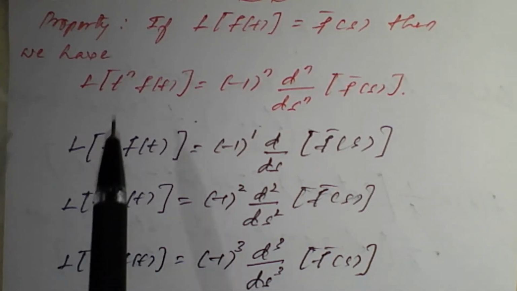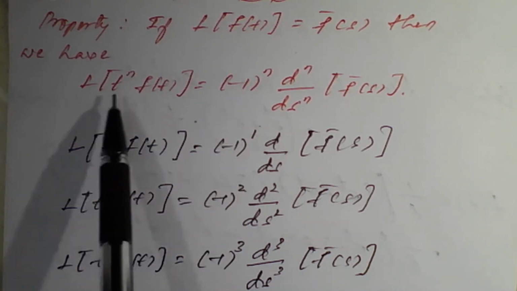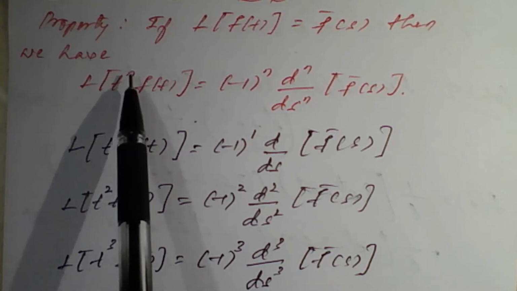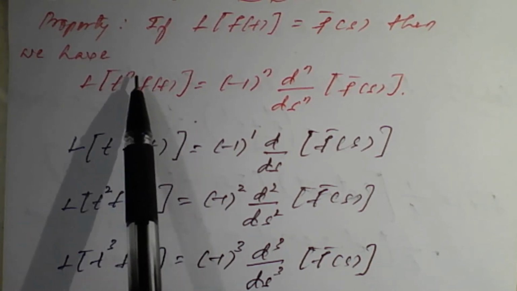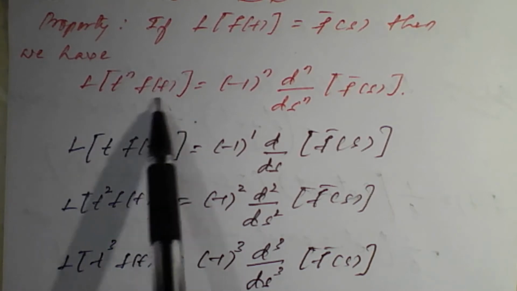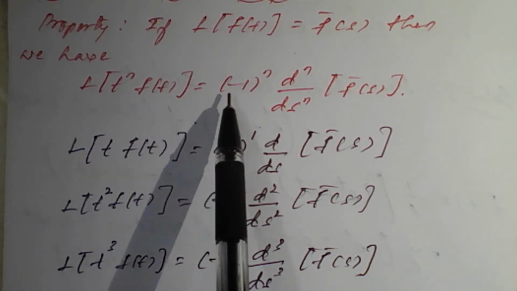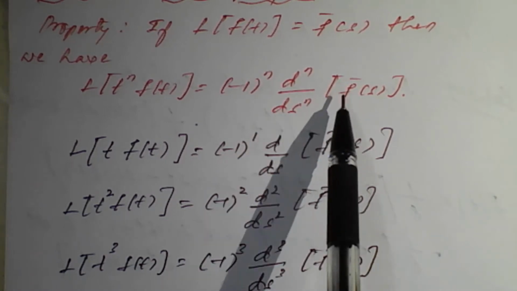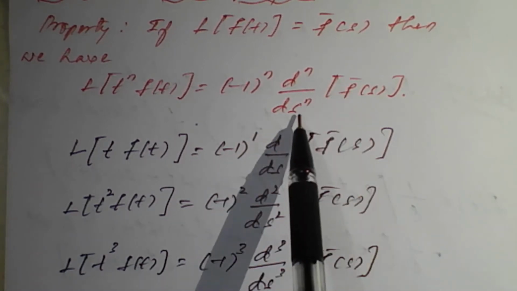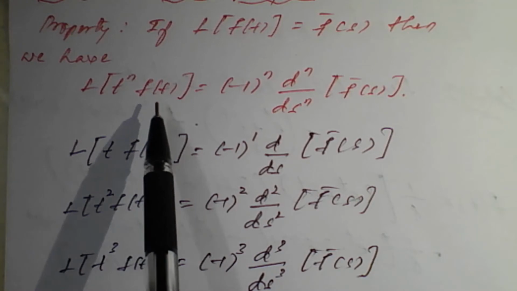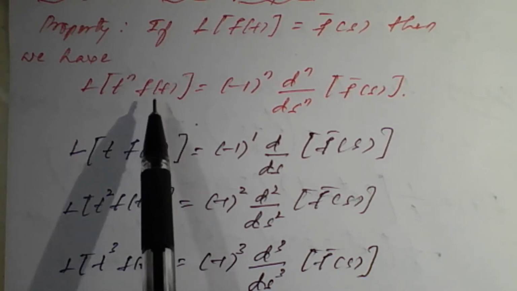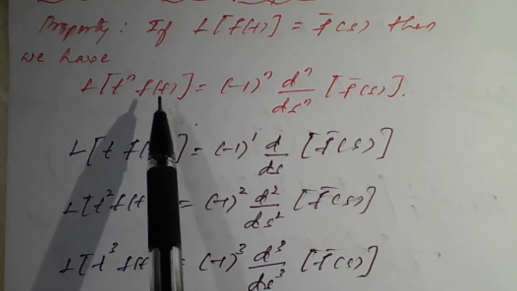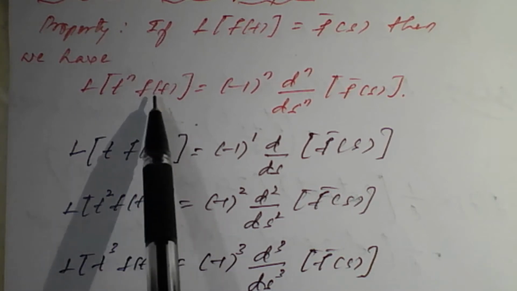So what property says here: if t raised to the power n is multiplied to our function f of t, then Laplace of t raised to n into f of t will be minus 1 raised to n, and the nth derivative of f dash of s with respect to s. So what we have to do here is apply Laplace transform to the function f of t.